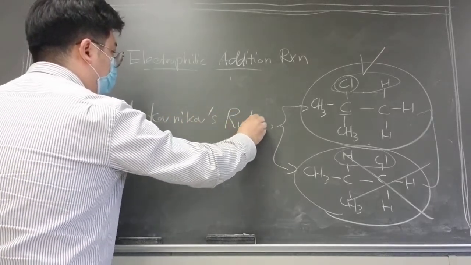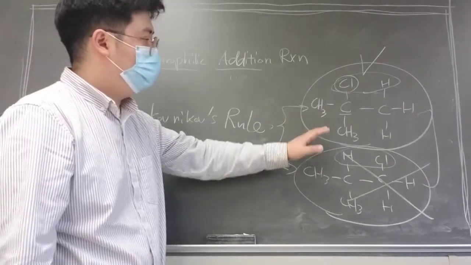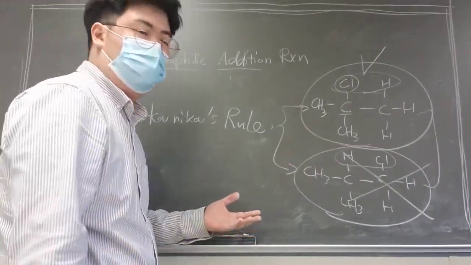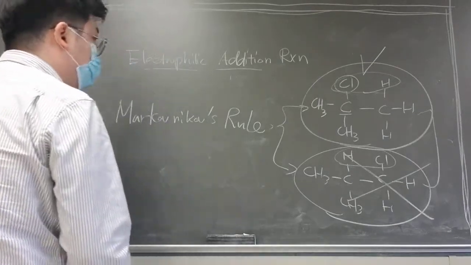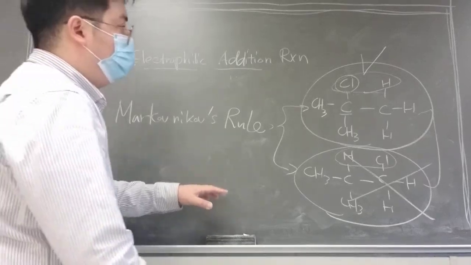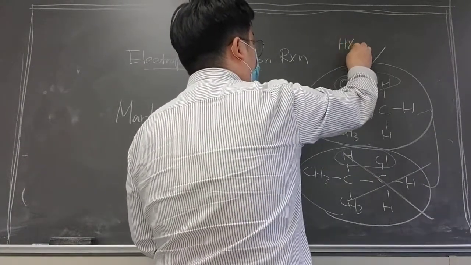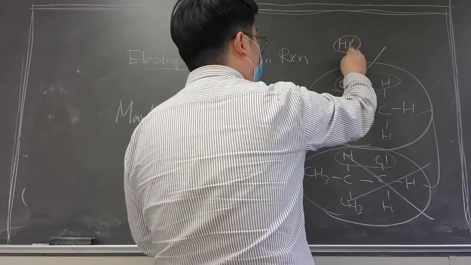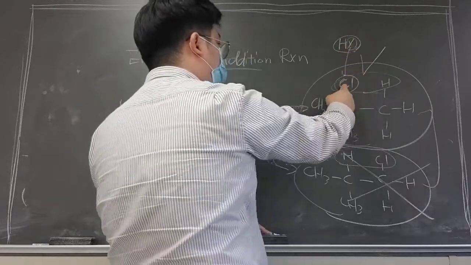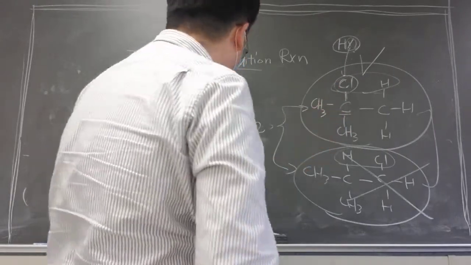In this rule, it explains why the reaction happens this way. Let me explain this real quick. In this form of the reactants, the X group always goes to the more substituted carbon, and the hydrogen goes to the other.